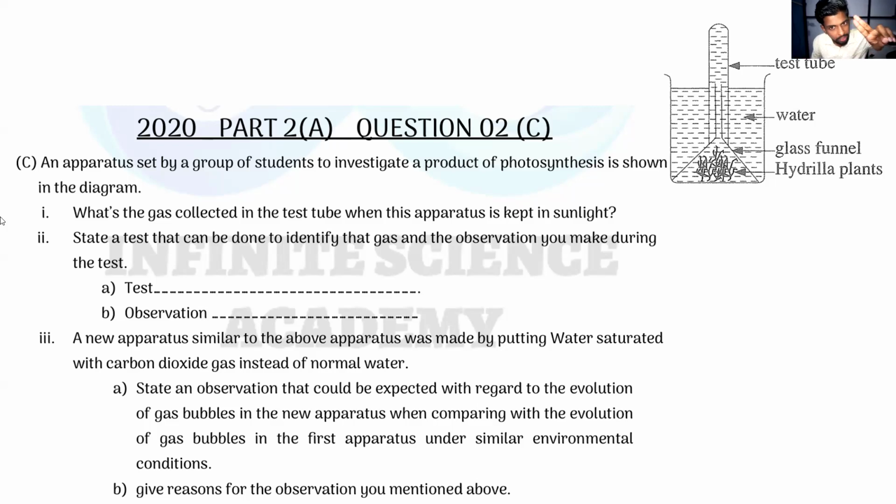Here they have asked it as separate questions: what is the step and what is the observation? But in that question, it was different: how can you prove? So you had to mention all the things. That's why I said the answer is not wrong, it is not complete.